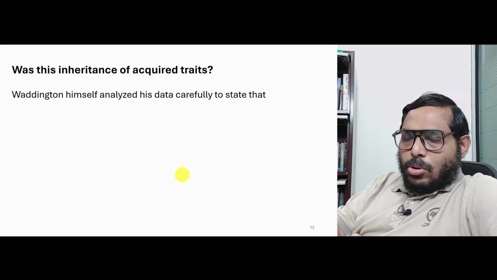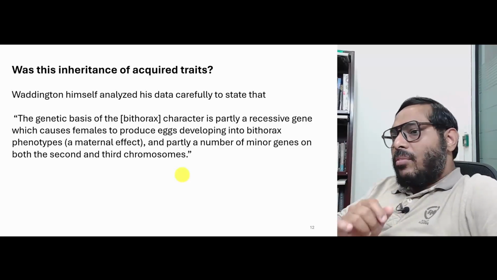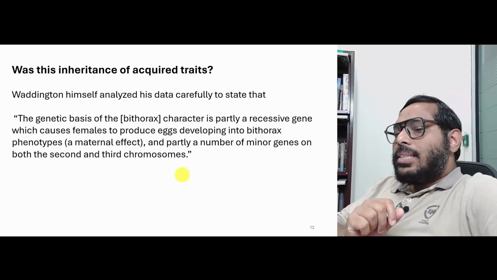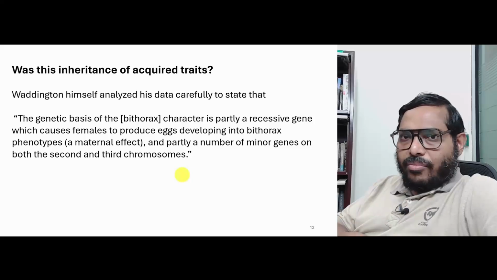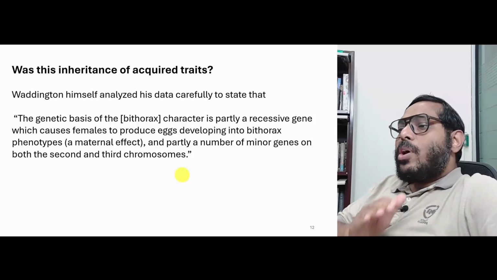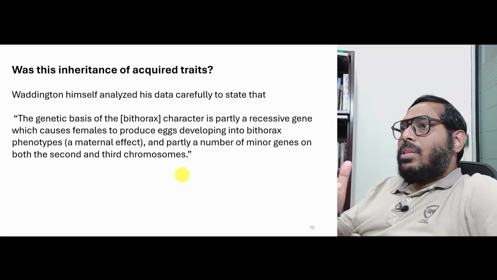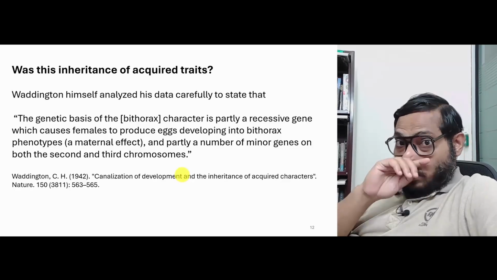So, I will just quote from his paper. He says that the genetic basis of the bithorax character is partly a recessive gene which causes females to produce eggs developing into bithorax phenotypes, a maternal effect, and partly a number of minor genes on both the second and the third chromosomes. Remember, this work is happening in 1942, right.